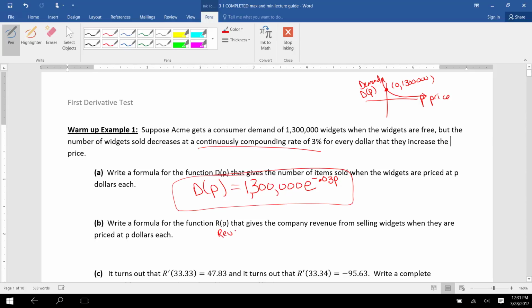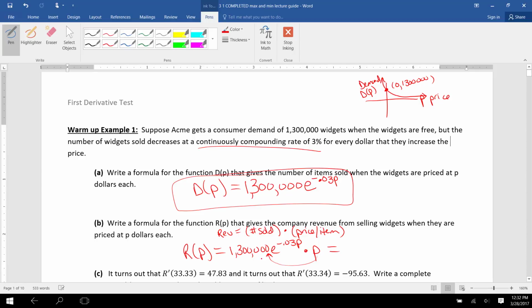We know revenue is number sold times price per item. So our R of P function, number sold, which is D of P, so 1,300,000 e to the negative 0.03 p, times price per item, which is P. Now traditionally I would squeeze this P in between the 1,300,000 and the exponential.